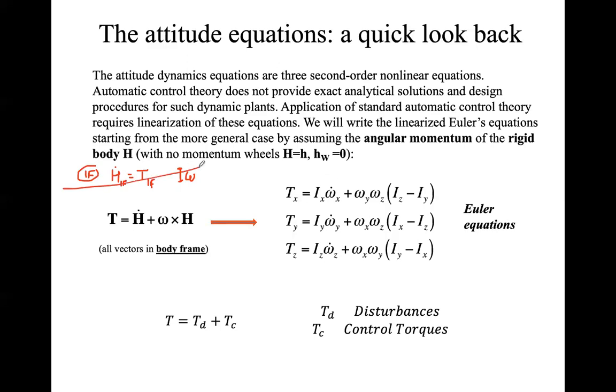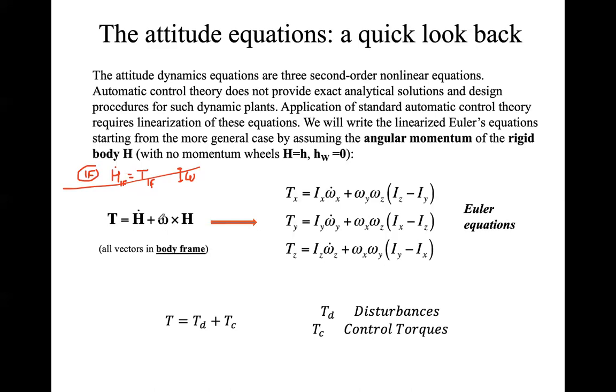What we are going to do is write the dynamical equations expressed in the body frame. When you don't have an inertial reference frame, if you want to compute the dynamical equations, you have to express the angular momentum, so the time derivative of H, plus the angular rate, so the spin rate of the body frame with respect to the inertial reference frame.